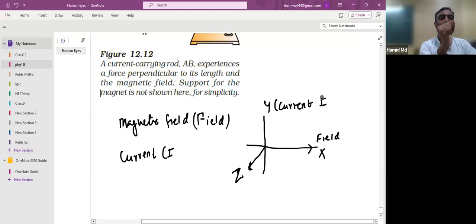Got the point? Force will be toward the thumb. This is called Fleming's left hand rule.